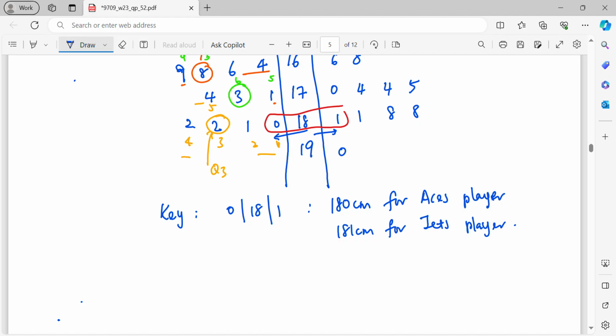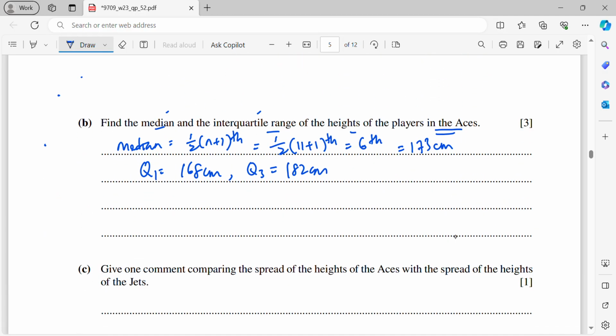Alright, so 182 centimeter. So now your IQR, interquartile range, is Q3 minus Q1. Okay, that is the calculation.